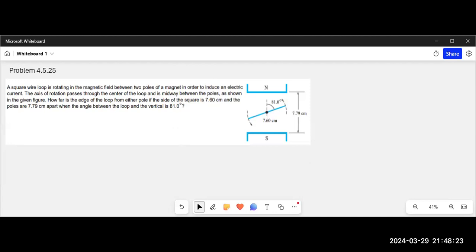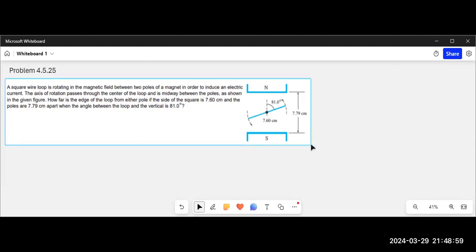How far is the edge of the loop from either pole if the side of the square is 7.60 centimeters and the poles are 7.79 centimeters apart, and the angle between the loop and the vertical is 81 degrees. Okay, so all that is given there in the picture.